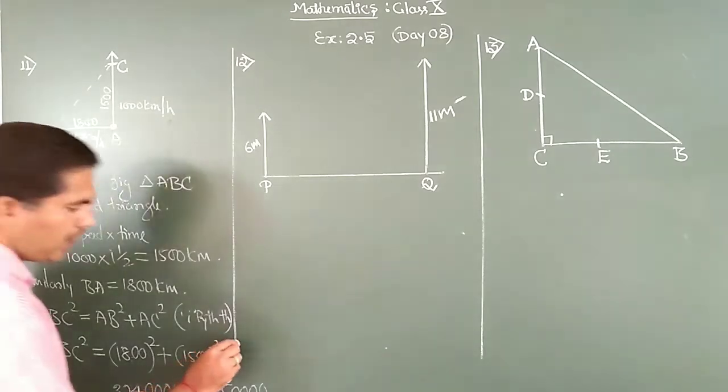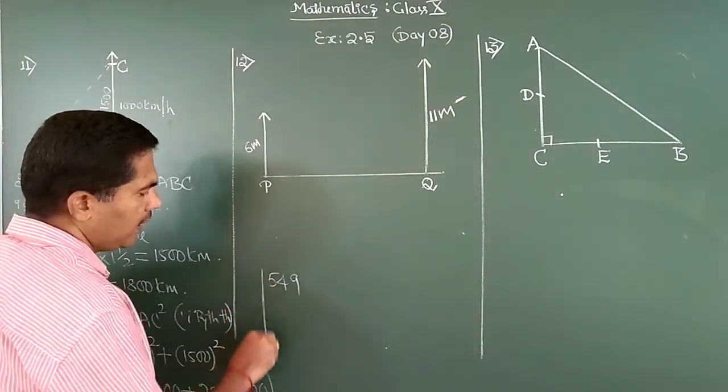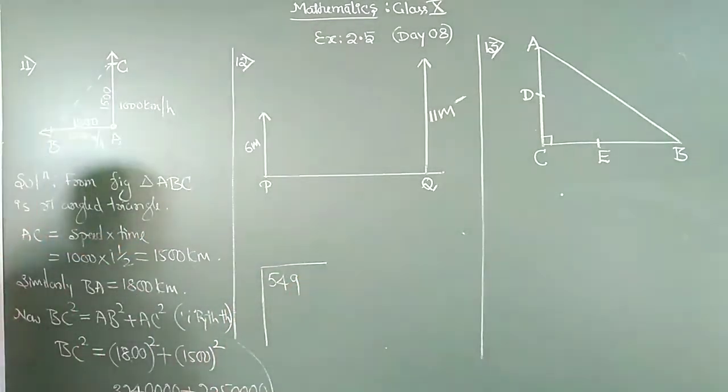Or roughly, if I have to tell you the answer, for 549, you may not get the round figure.